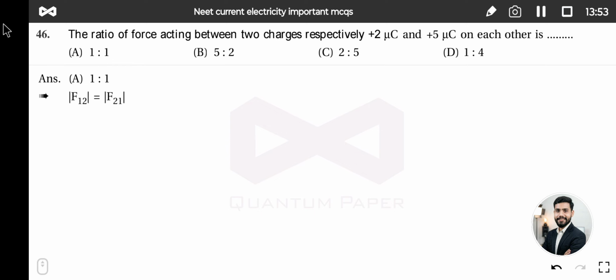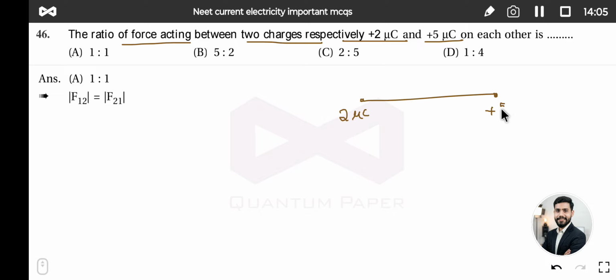The next is based on the same concept. The ratio of force acting between two charges, 2 microcoulomb and plus 5 microcoulomb, on each other is. Okay, so one is 2 microcoulomb charge, other is plus 5 microcoulomb charge. So both are positive, so the force is repulsive force.